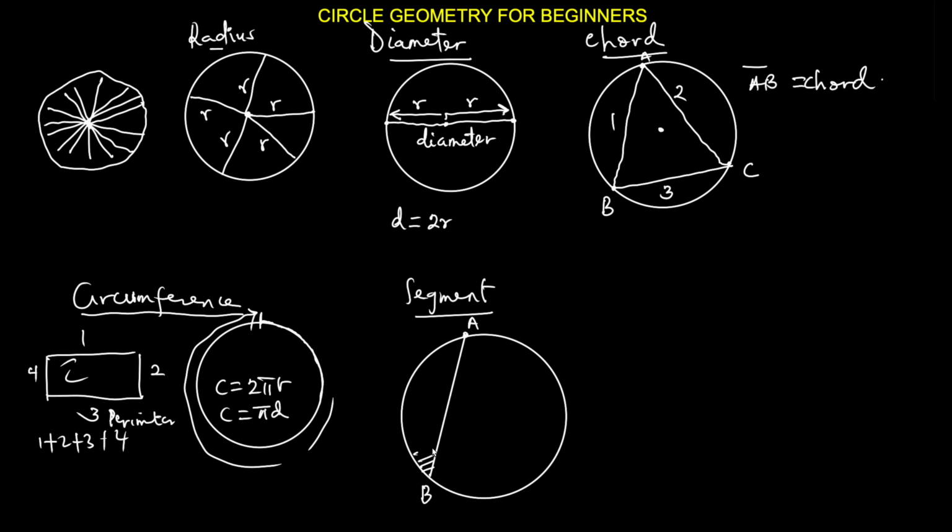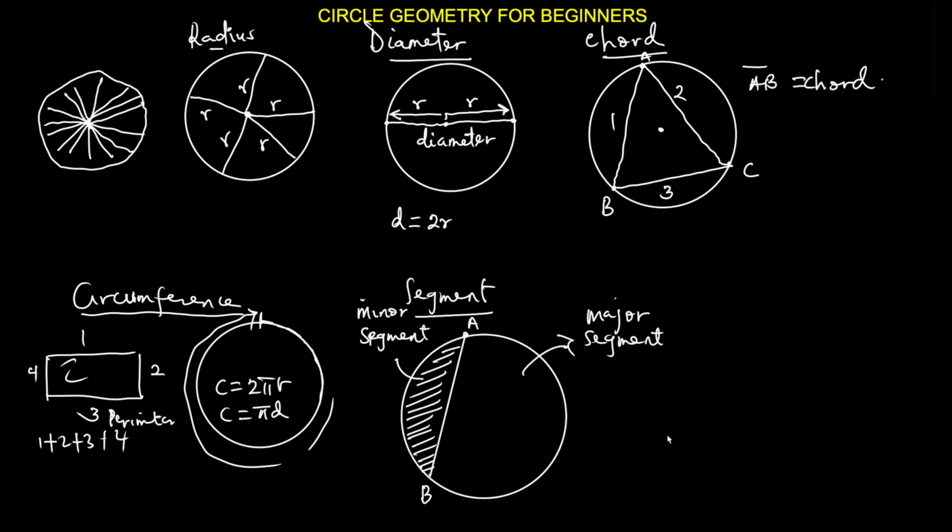We have one portion right here, and then we have another portion on the other side, which I'm going to leave unshaded. This portion is referred to as the segment of a circle, and this other portion as well is referred to as a segment. But of course, you can see that one segment is bigger than the other, right? So we refer to the smaller one as the minor, and we refer to the bigger one as the major.